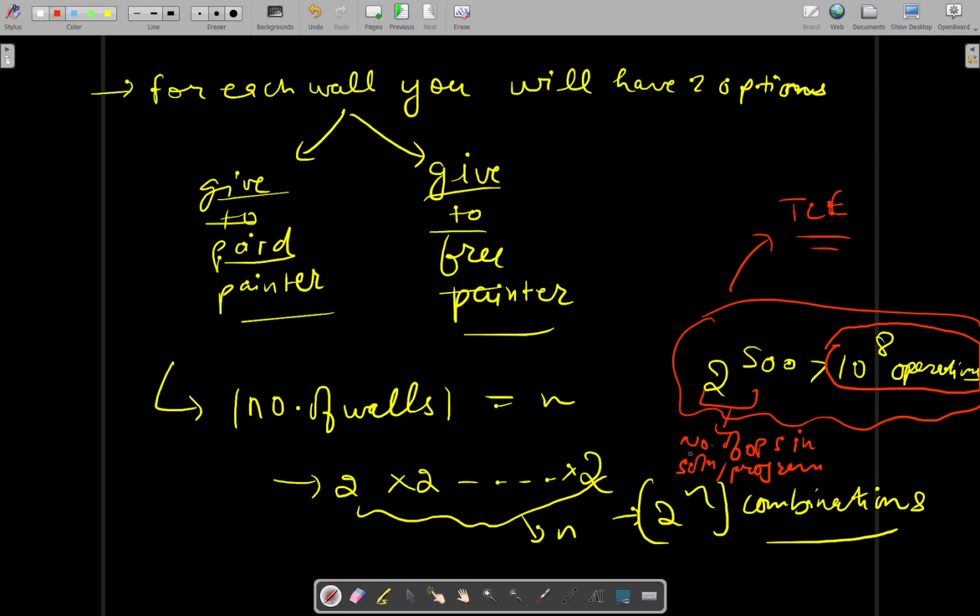So we have to optimize this brute force approach.